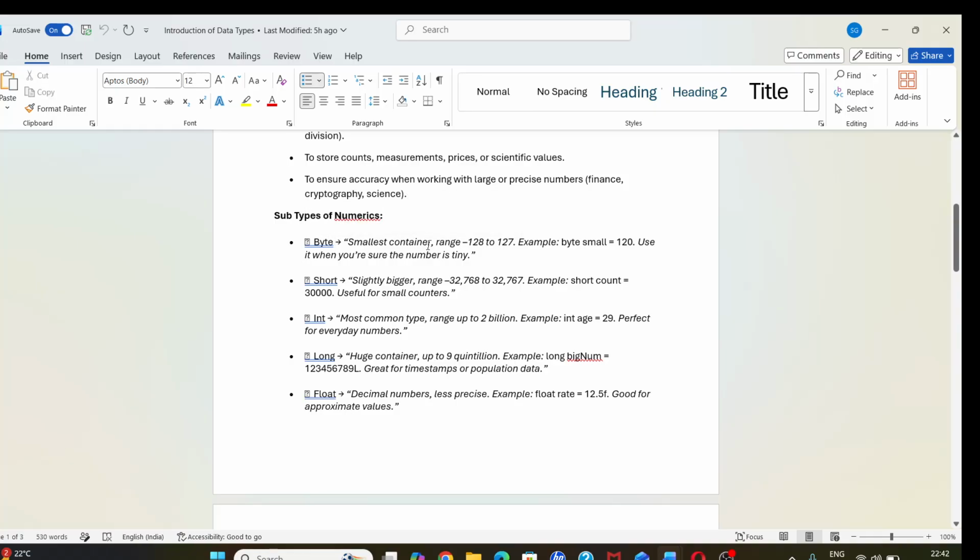Byte is the smallest container, with a range between minus 128 and plus 127. Example: byte small equals 120. Byte is used when you are sure the number is tiny. So let's see the first example.